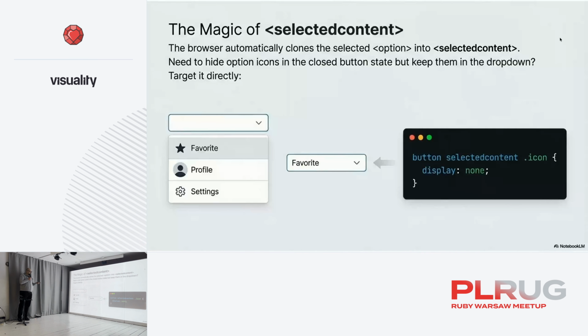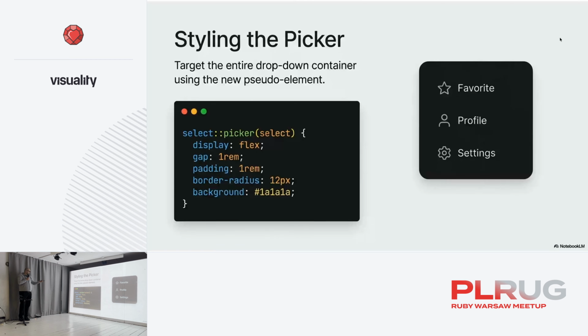And how it works. Basically, when we want to style a dropdown, we have to use the new pseudo-element ::picker(select), and we are able to style a dropdown as we want. We can use full CSS potential.